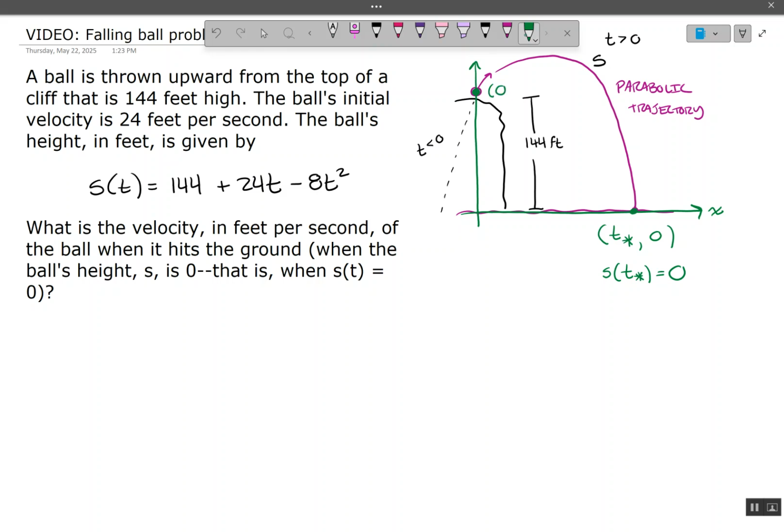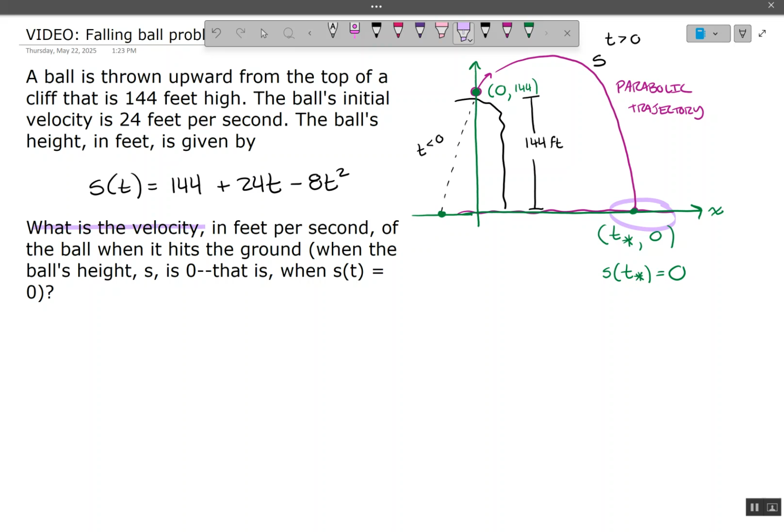That's going to be 0 time has passed because I'm holding the ball, and then the initial height, 144. This other x-intercept over here is going to be my other root. Okay, the question is, what is the velocity of the ball when it hits the ground? Over here. What is the velocity when the ball hits the ground?